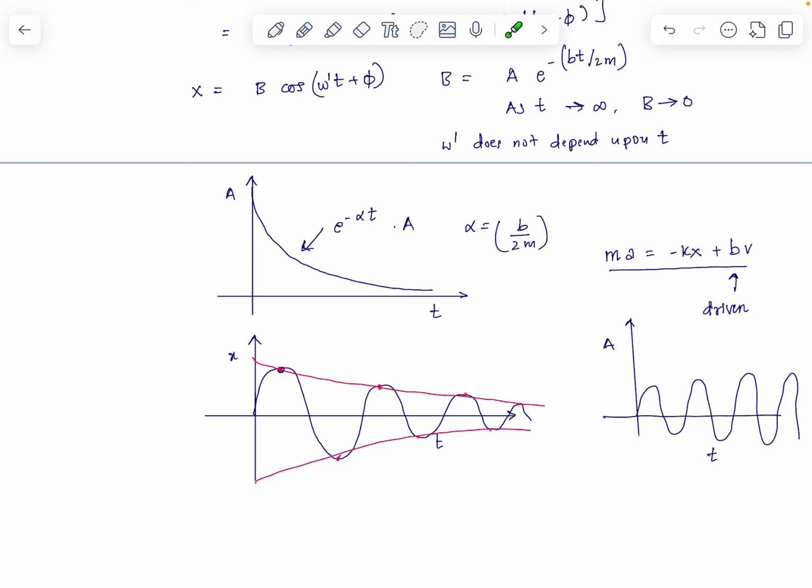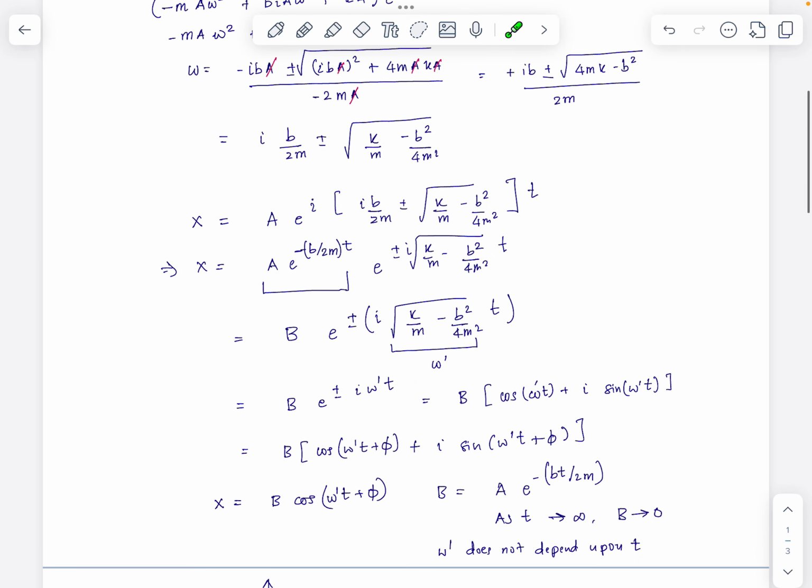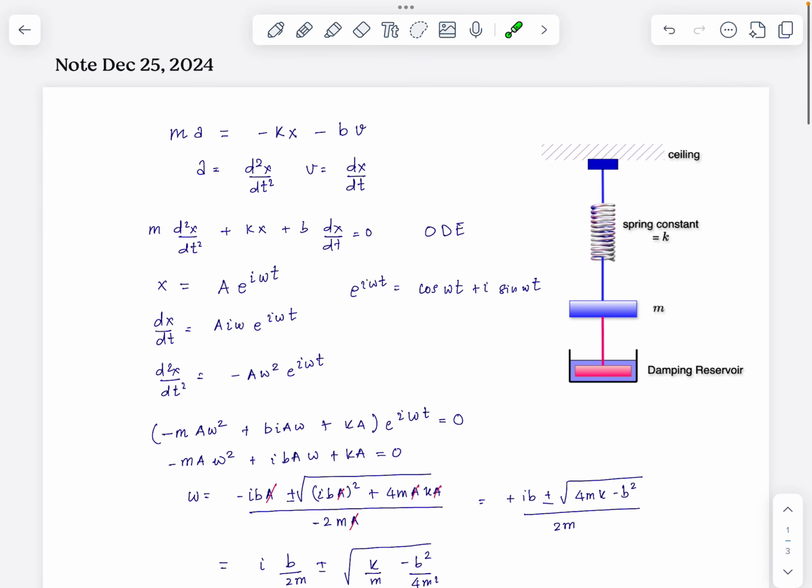So let's recap. We started out by looking at a simple spring mass system that's attached to a damper. The damper here is a mass that's attached to a damping reservoir. The behavior of the system is such that the damping force acts as negative times a constant times the velocity.